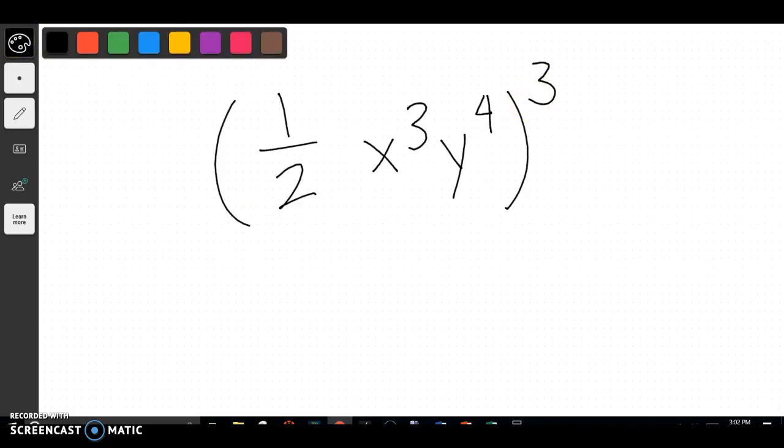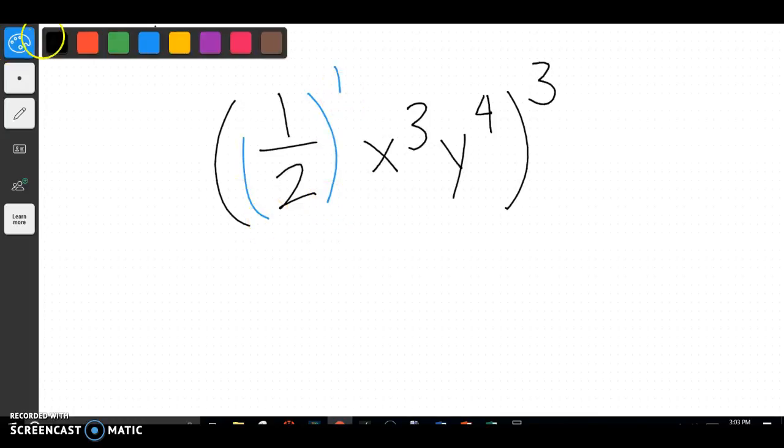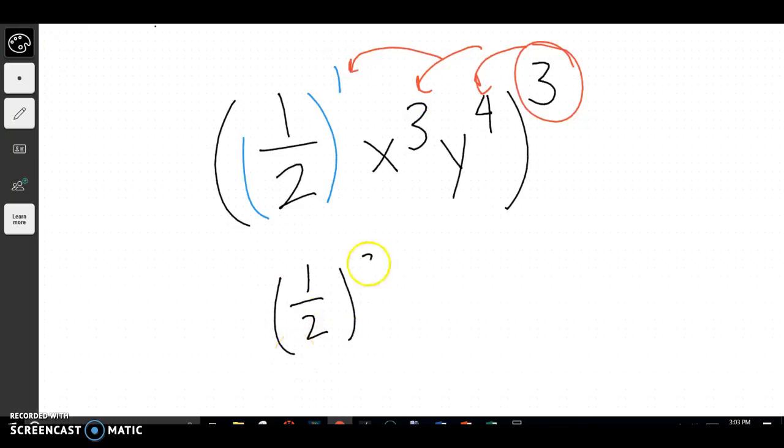First thing you want to do, again, this fraction is not raised to a power, so we will raise it to a power. Then using the power rule, we're just going to kind of distribute. So I'm going to have 1/2 to the 3rd, x to the 9th, and y to the 12th.